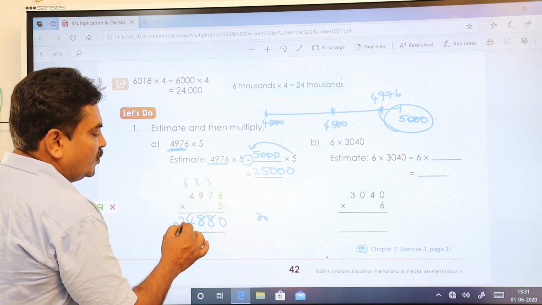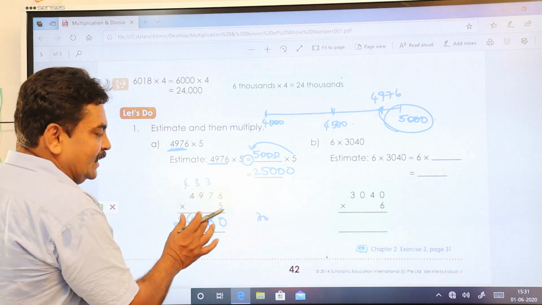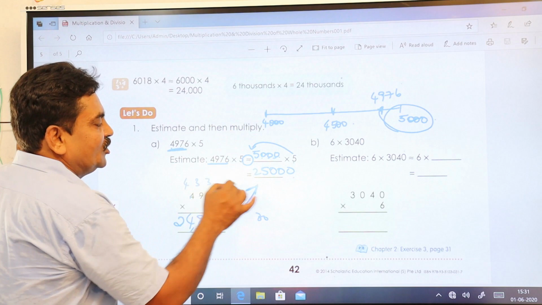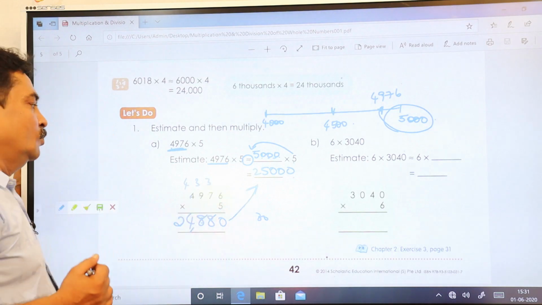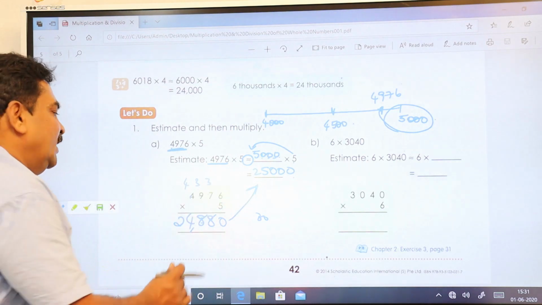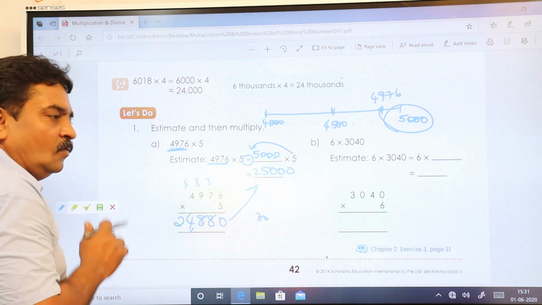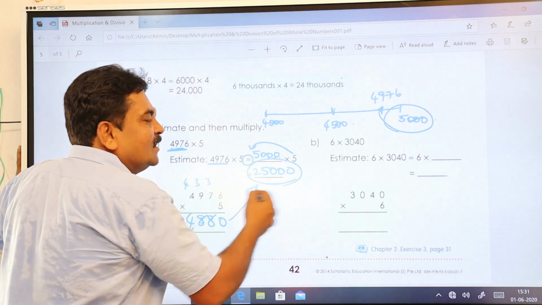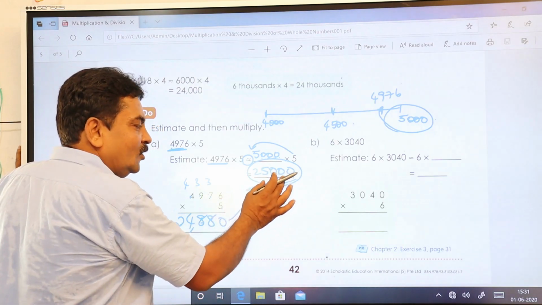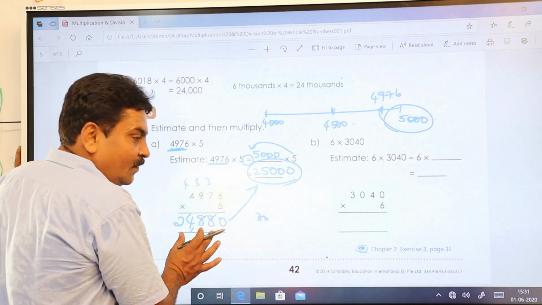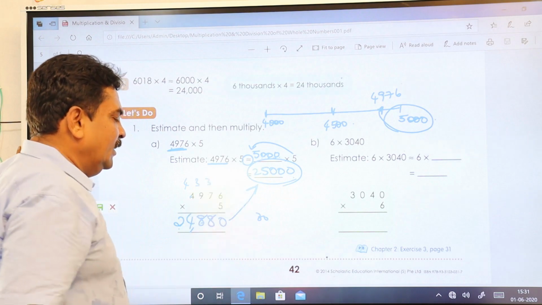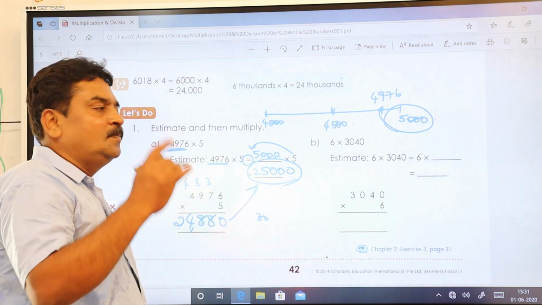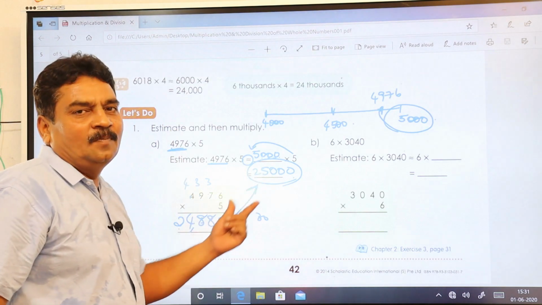See, 24,880 is nearer to 25,000. This is called your estimation, the round value. Actually you are getting this much. What is the approximation value? 25,000 is the approximation value. Why? Because 25,000 is the nearest round value to 24,880. So this is your approximation value in the thousands place. I am talking about the thousands place.